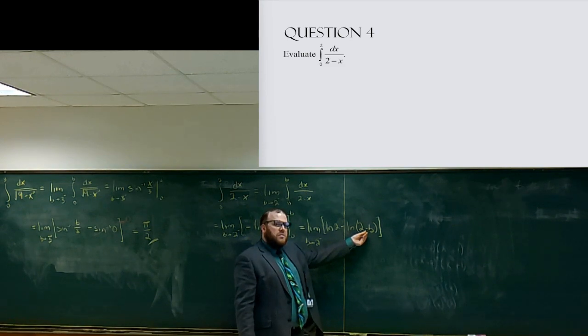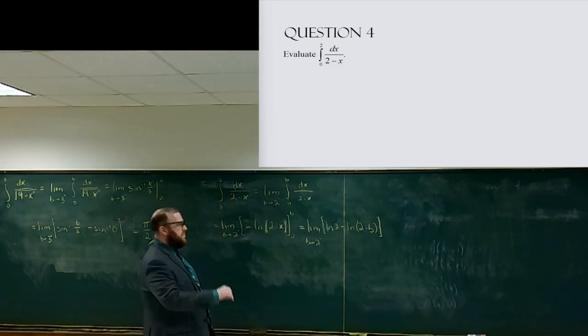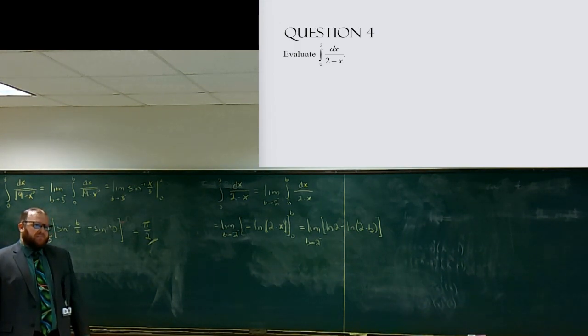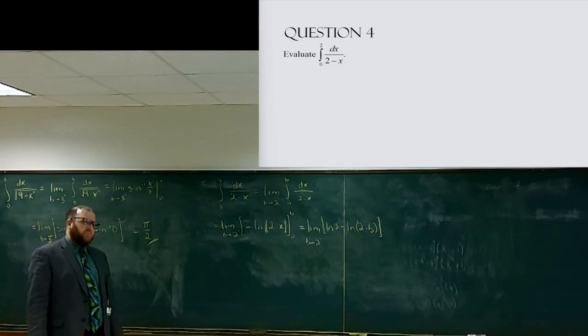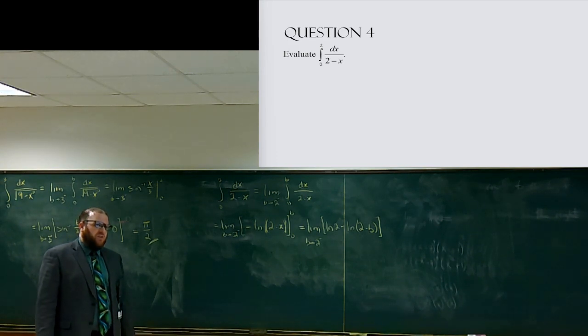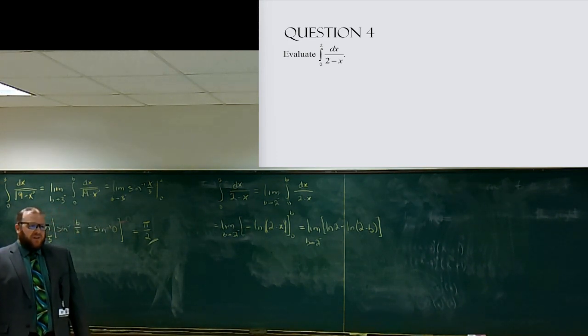What about this limit? As b approaches 2, that's going to get smaller and smaller to 0. And the natural log of 0, I believe, is 1. It's not a 0? So know what natural log is. Another way of saying natural log of 0 would be e to what power gives you 0? So it doesn't exist.